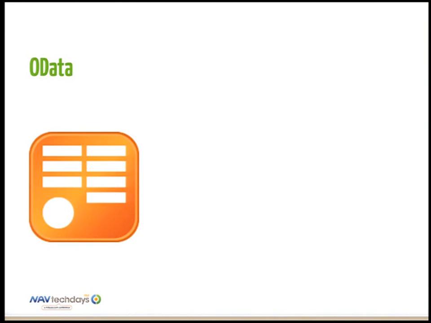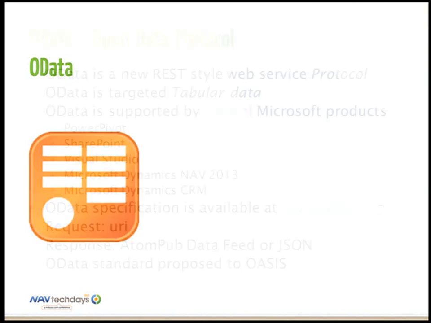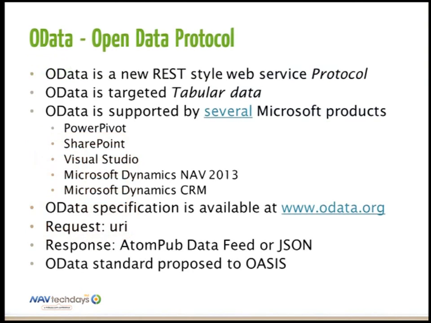Before showing you what you can do with the query from OData, I'll just give you a brief introduction to OData. OData is a new web service protocol that is exposed by NAV 2013. It's a REST-style protocol.